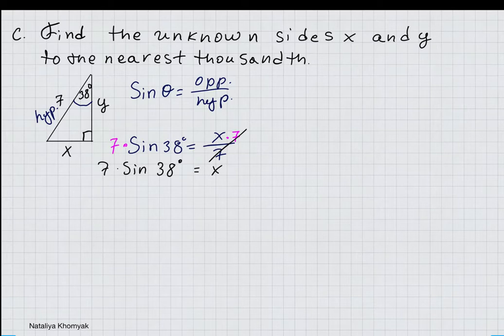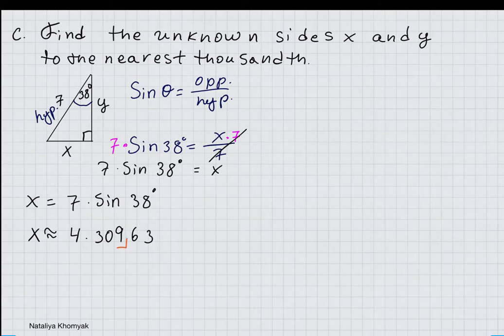On your calculator, you plug in 7 times sine of 38 degrees, and I get x is roughly 4.30963, and it keeps on going. So I am rounding off to 3 decimal places, which is here.